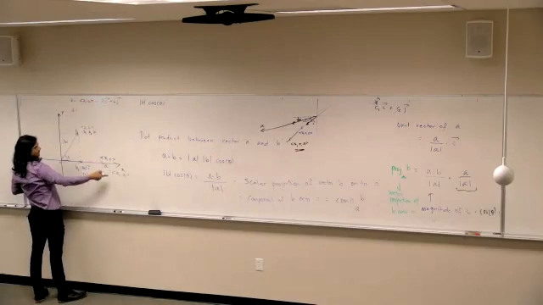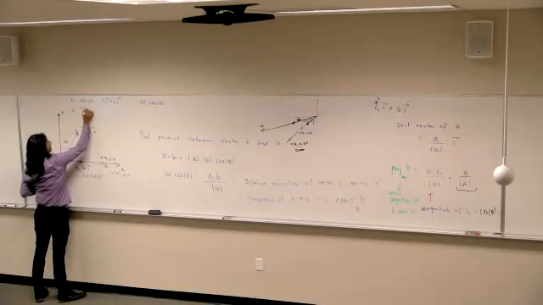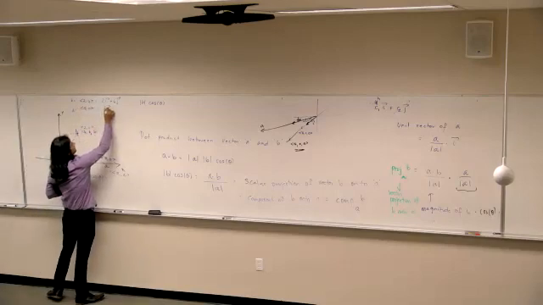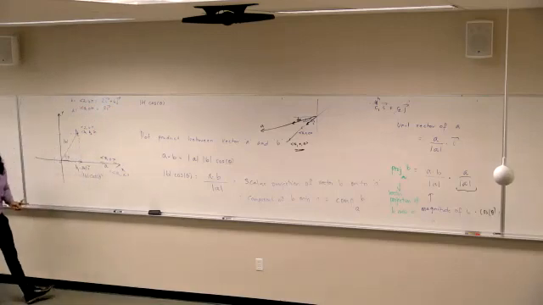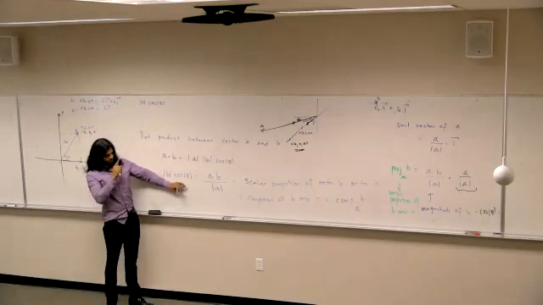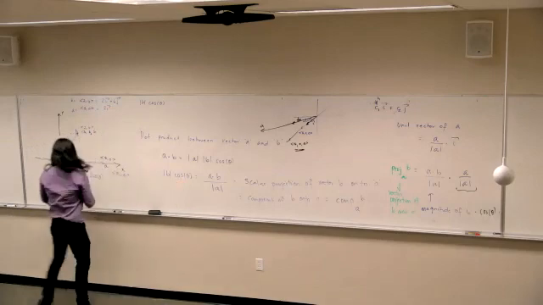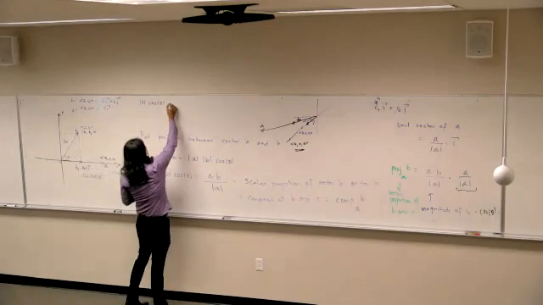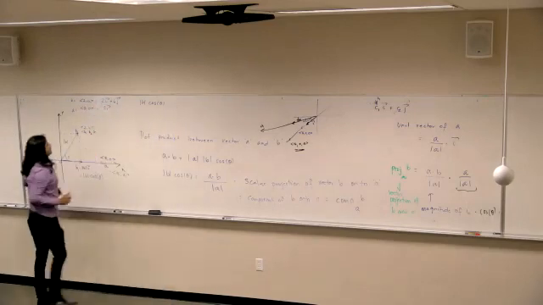Vector a is 8, 0, 8i vector plus 0j vector. I have the scalar projection of b onto a as this. I got it from here. What is the dot product of these two?